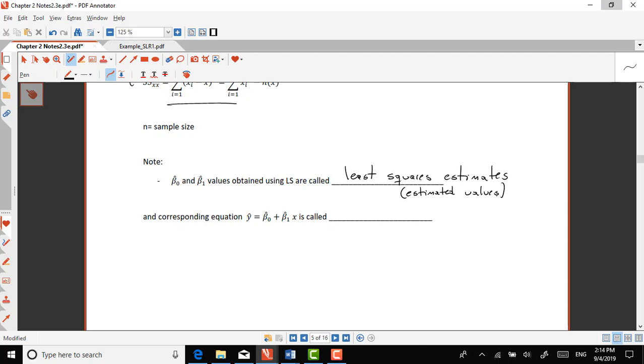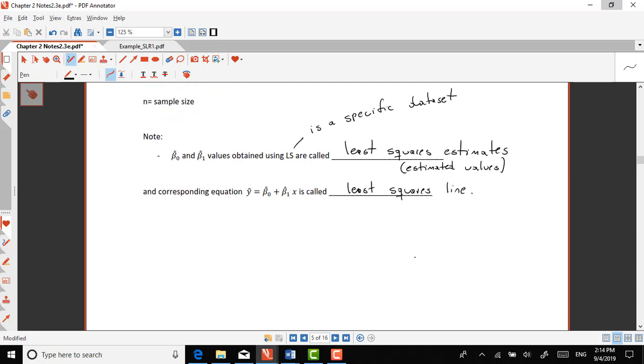The corresponding equation is called the least squares line. The values that you obtain using least squares in a specific data set are called least squares estimates, and the line is the least squares line.